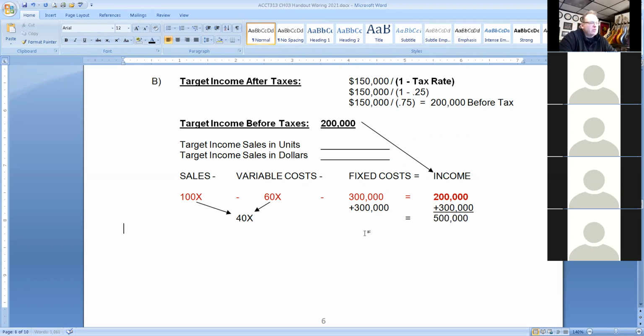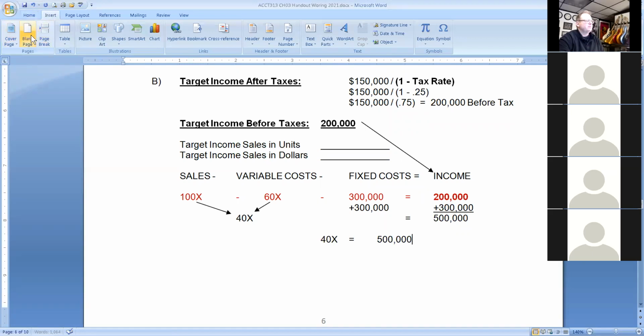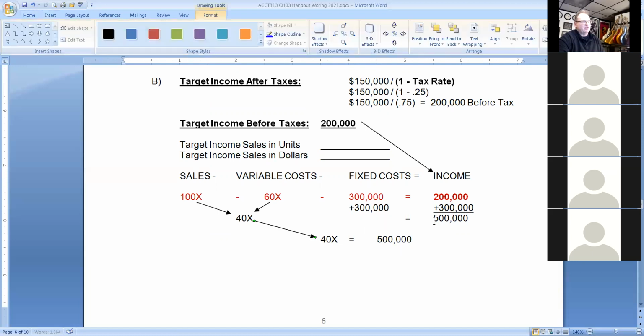Okay, so we get 40x equals 500,000. And again, I'm just getting these two closer together.